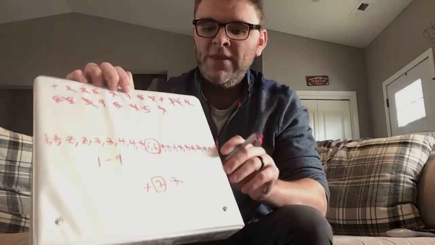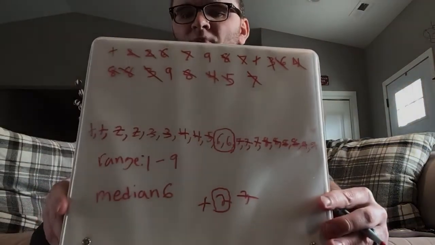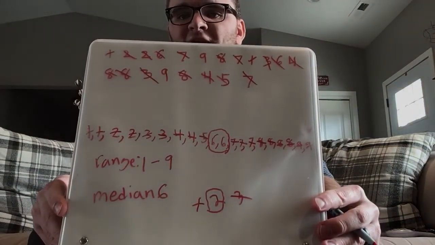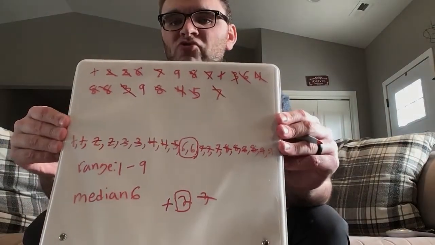So our median, I'm going to write median here, is 6. Our range is 1 to 9. Range 1 to 9, median 6. And that tells us the middle of our chart.